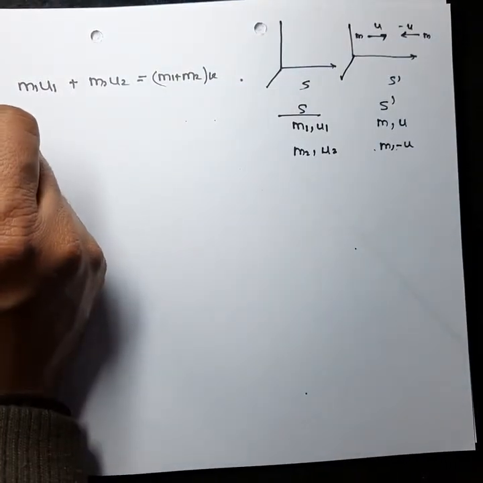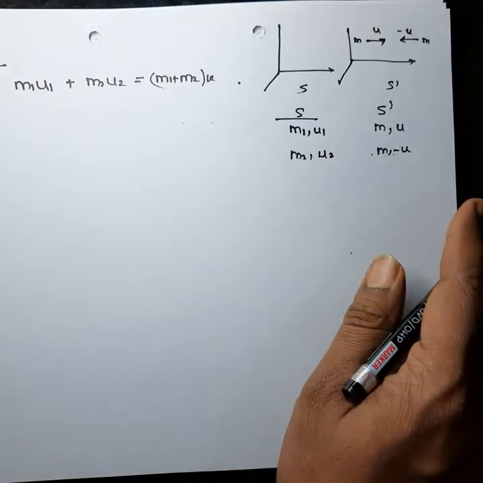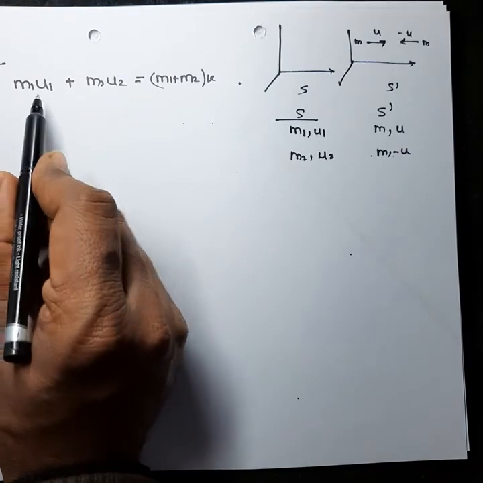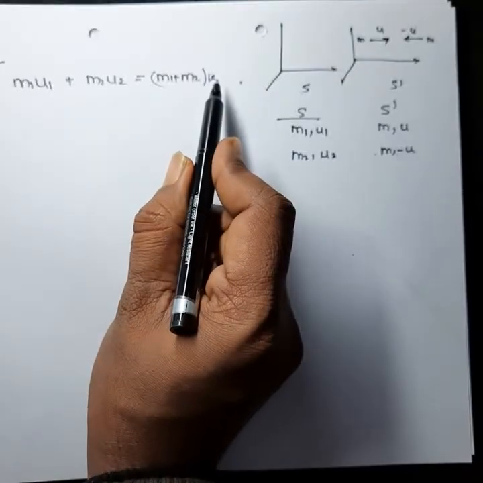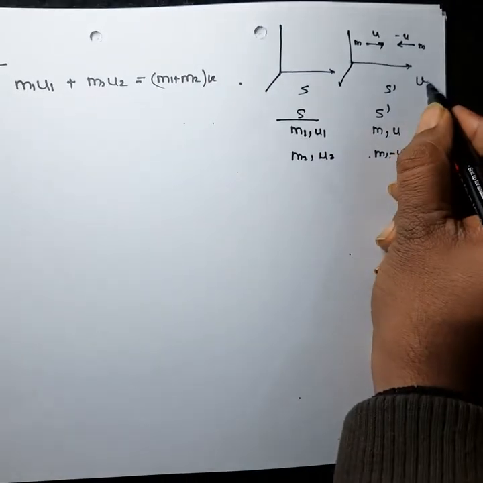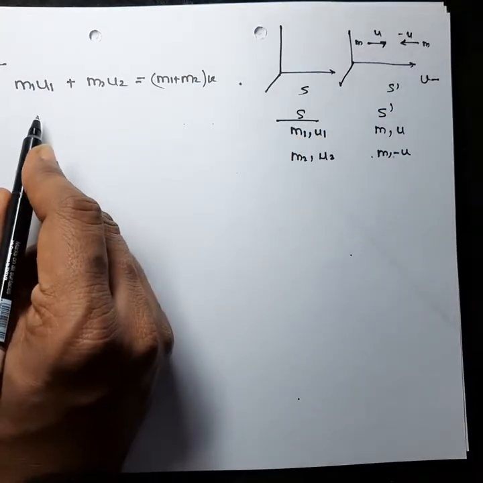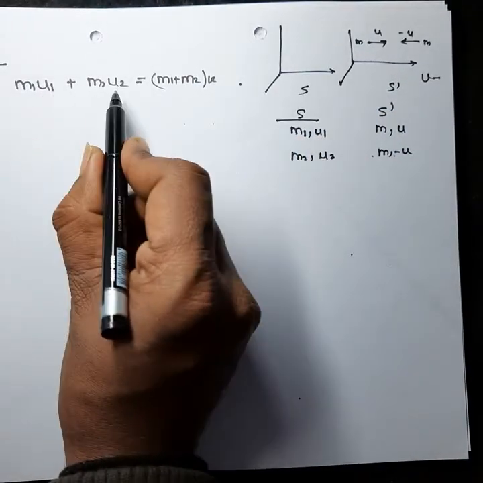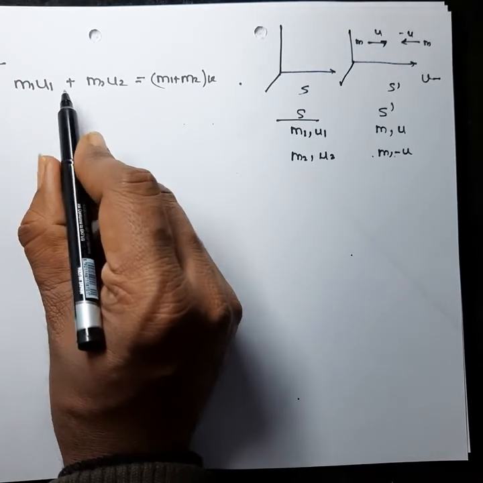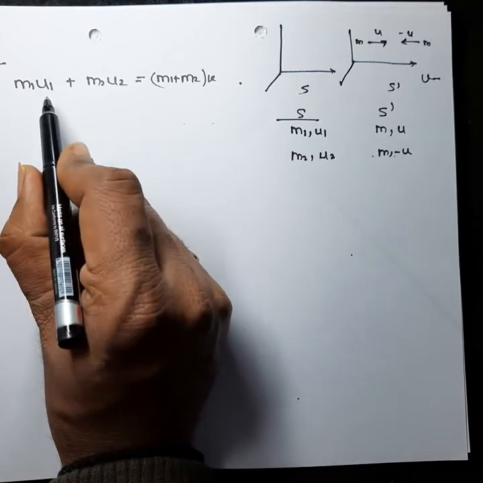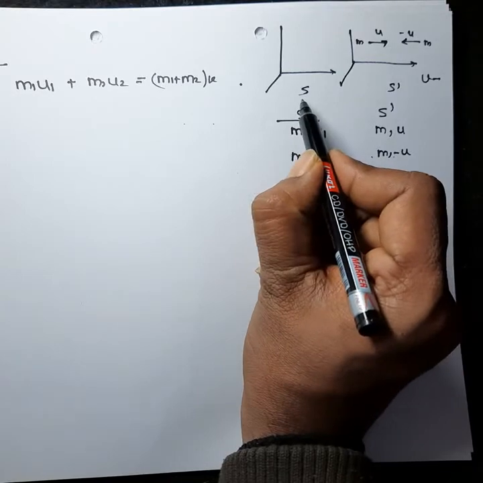So what we have found in the S frame of reference is that the equation m1 u1 plus m2 u2 should be equal to m1 plus m2 multiplied by v. V is the velocity with which the S dash frame is moving with respect to S. So you see here u1 and u2 are the velocity components of the same objects in the S frame of reference.